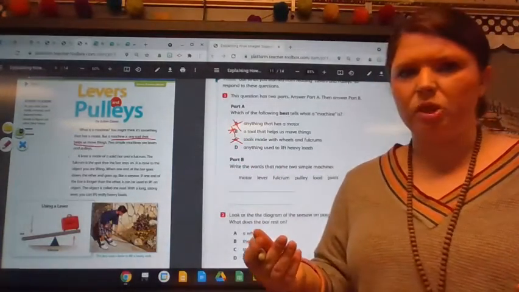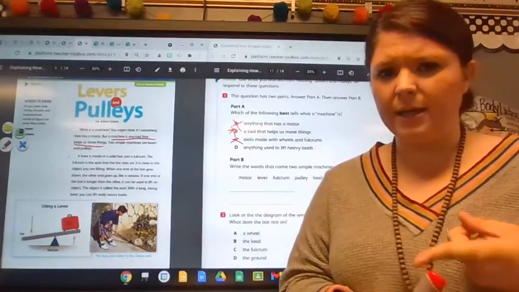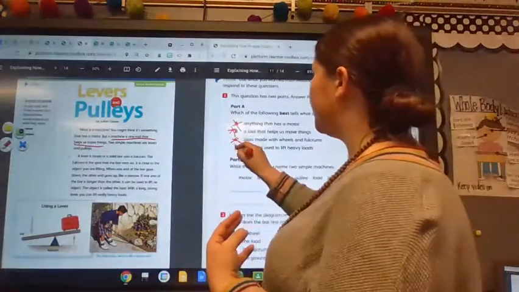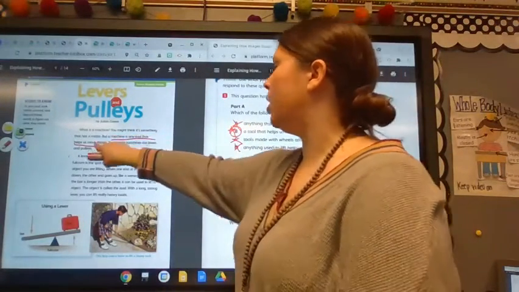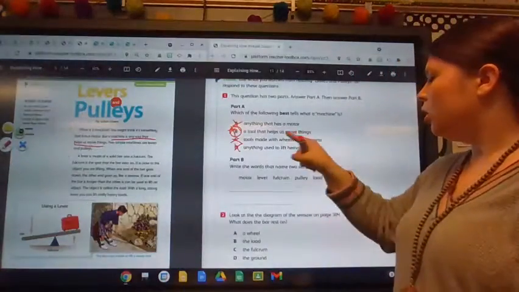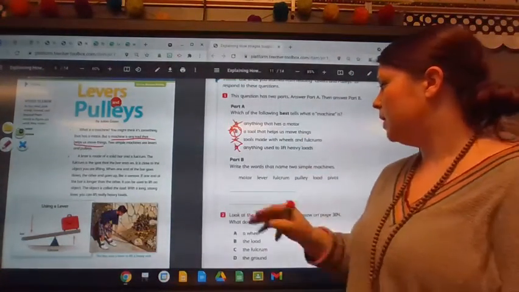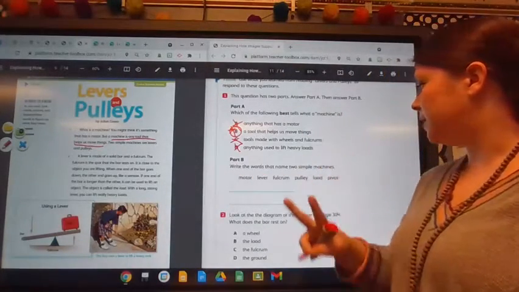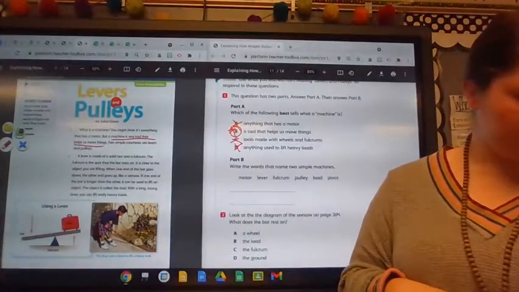There are other simple machines that aren't used to lift heavy loads, like the wheel and axle, right? They're not used to lift heavy loads. So that is not true. It did tell us right there in the text that a machine is any tool that helps us move things, okay? Write the words that name two simple machines. So we're looking here for two types of simple machines. All right, go ahead and answer that question.